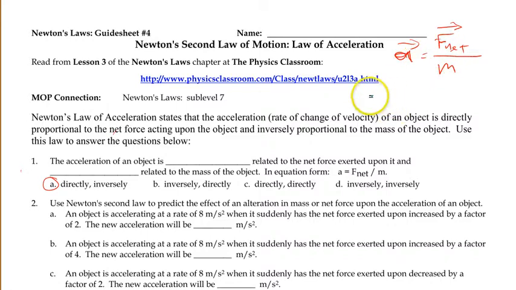More commonly, it's written as F net equals mass times acceleration. And F net is often written as what it stands for, which is the sigma, the summation of force. So add all the forces together on an object, and that will determine the acceleration of the object, which will also in part be determined by the mass of the object.